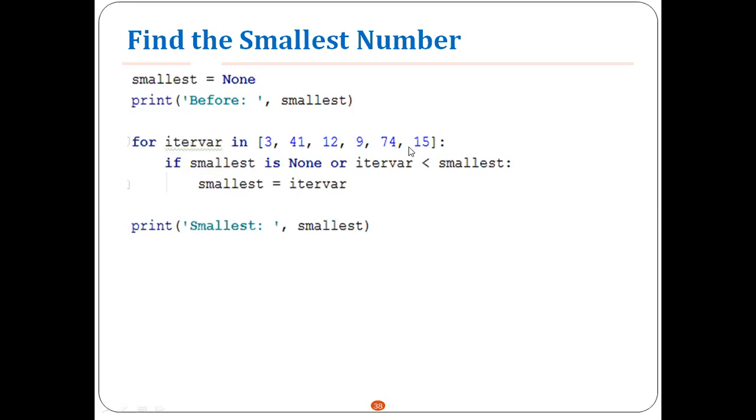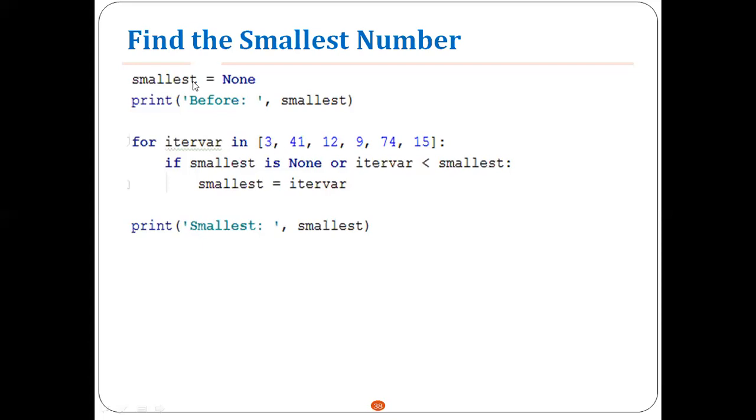If the smallest element is smaller than the given element in the list, then it will be retained. Otherwise, the smallest element will be changed to the element of the list. Let us look at this one.